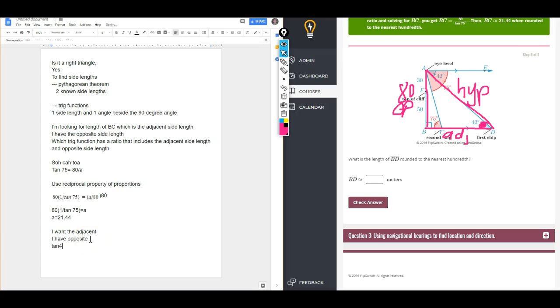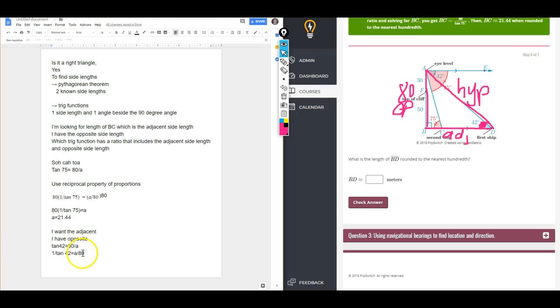So tangent of 42 degrees is going to equal the opposite side length, which is 80, divided by the adjacent side length, which is representing our BD. So again, we're going to use the reciprocal property of proportion to flip these on their head. So we have 1 divided by tangent of 42 degrees is equal to A divided by 80.